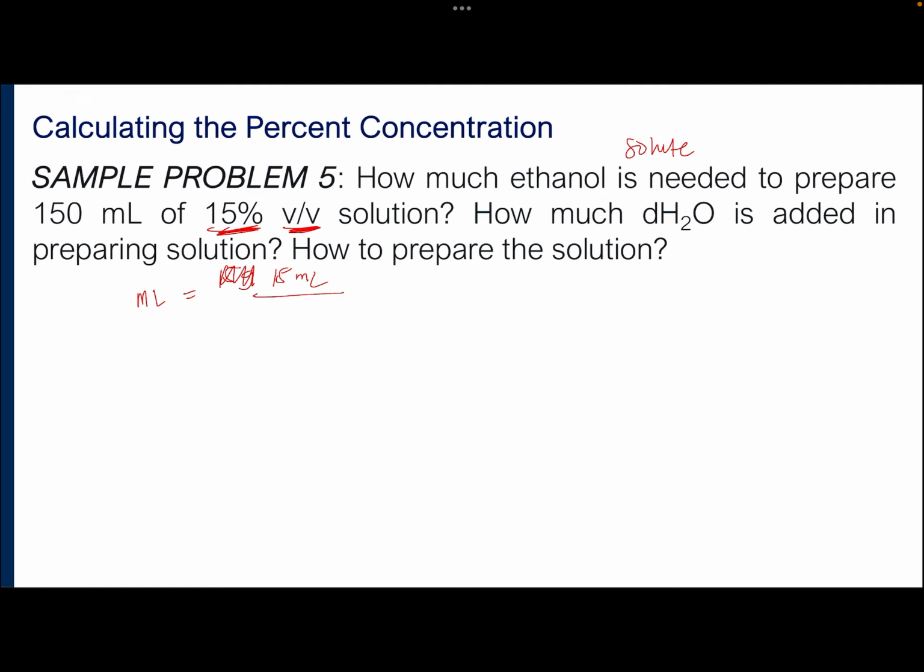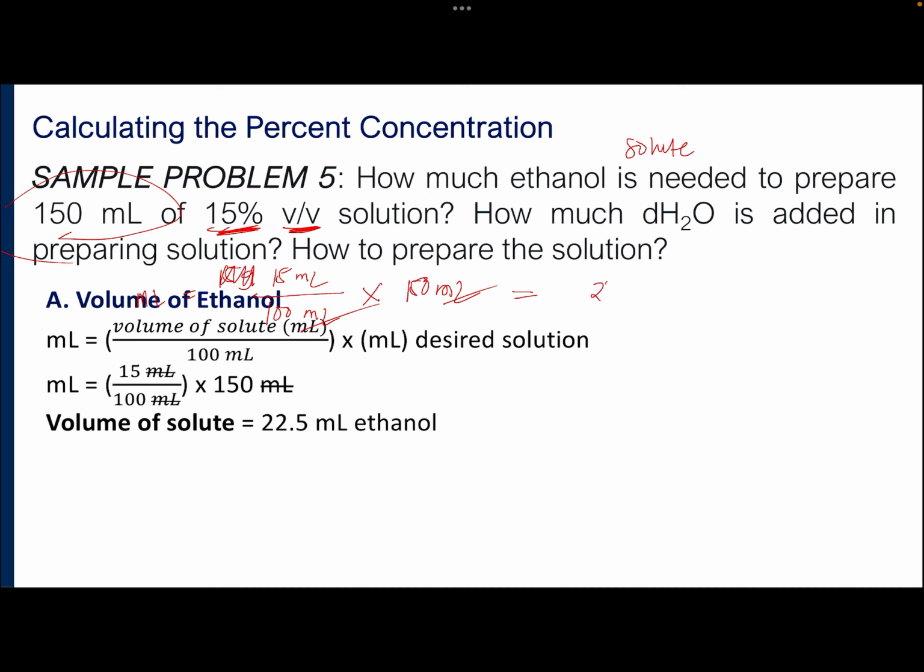Divided by 100 ml times 150 ml. So cancel out the ml here. And then the answer for this one is 22.5 ml of ethanol.